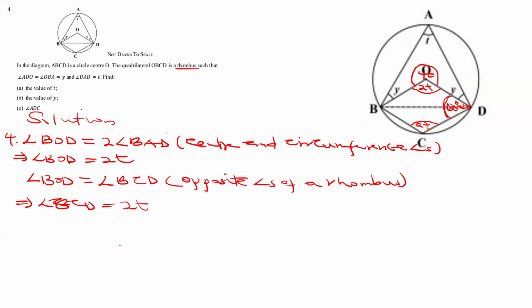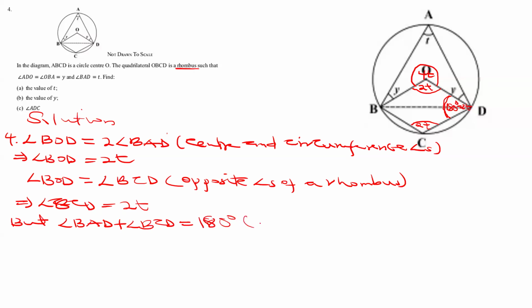or you can use the opposite segment one. So I can also say angle BAD plus this angle BCD should be equal to 180. What is my reason? I've stated the relationship.